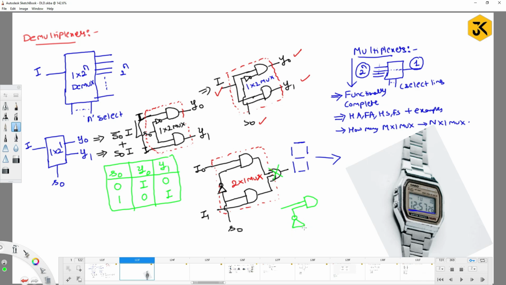This is important initially. That's why I am going very slow. If I remove the OR gate, you are going to get y0 and y1. And these two inputs, I0 and I1, make it as one input. That is I. And this will be S0.